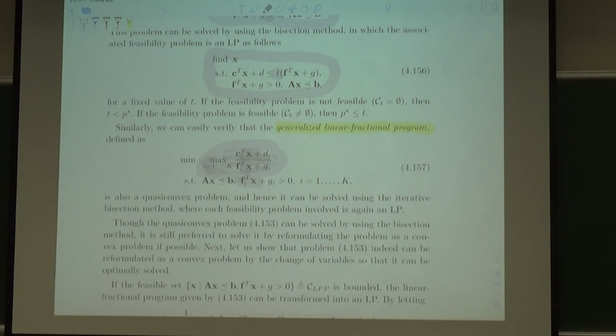Of course, all the denominators must be positive. And then Ax less than or equal to b is nothing but a set of linear inequalities. So you can apply the bisection method to problem 157. So we say the bisection method is very useful in solving quasi-convex problems.